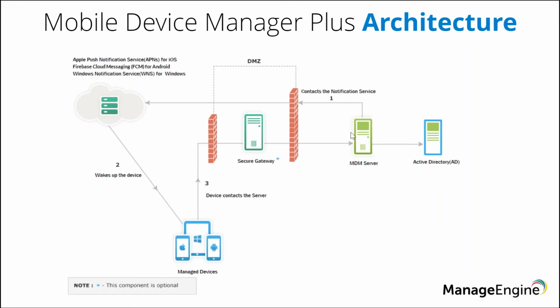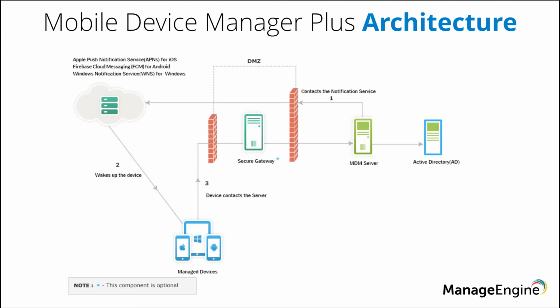So in most cases, your laptops or your mobile devices would always be on the go. They would not be connected to a stationed LAN network. So for your mobile devices to reach the MDM server, in the case it's an on-premise solution, you would have to expose the server itself, which means the console and the server machine would be exposed to the internet. So in order to prevent such a scenario, we have brought in an add-on component over here called the secure gateway service that can be placed in your DMZ. So it's kind of like a proxy service that we have created just for the MDM solution.